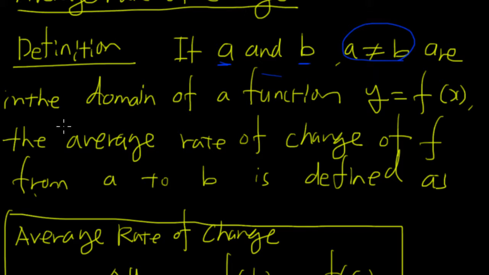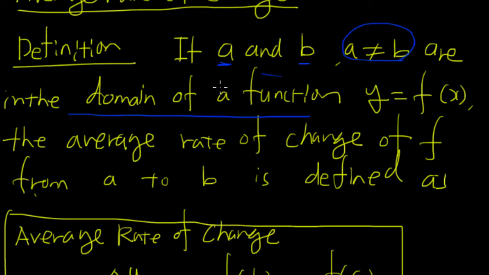And they are in the domain of the function. What do they mean by a and b are in the domain? We mentioned it briefly in one of those previous videos, but the main concept I want you to remember is that domain is the possible what? Domain is the possible x values.